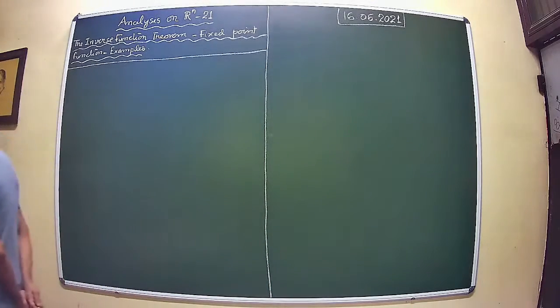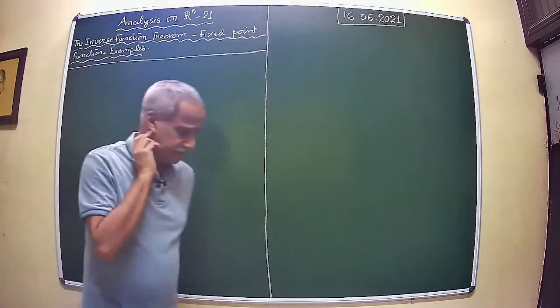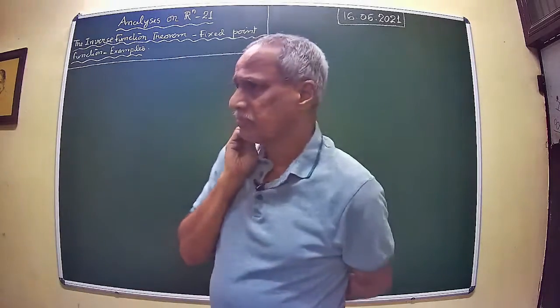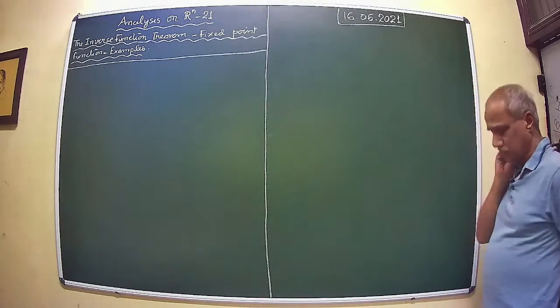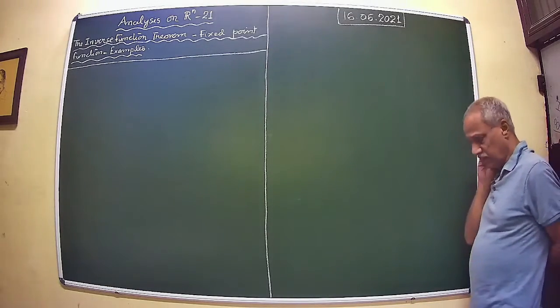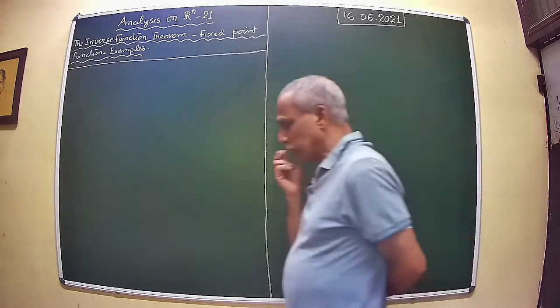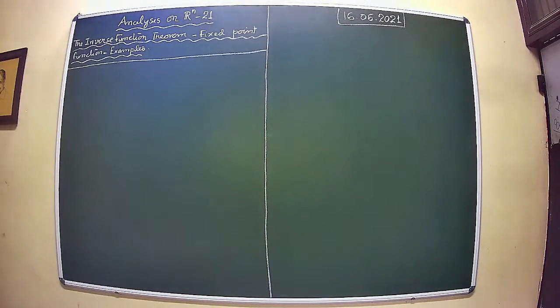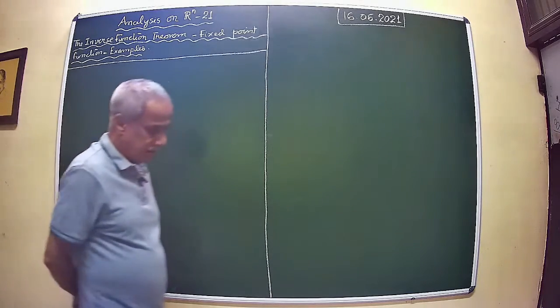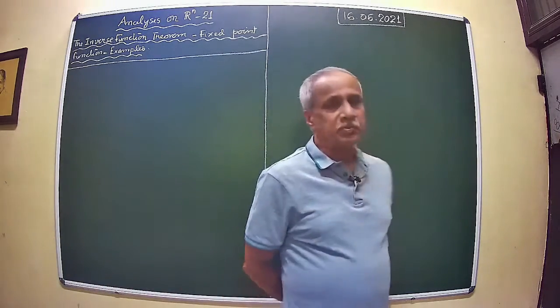In the last lecture on inverse function theorem, we completed the proof of the main theorem. And during this process, we introduced a function to facilitate the use of the fixed point theorem.